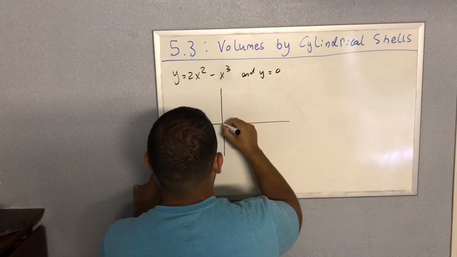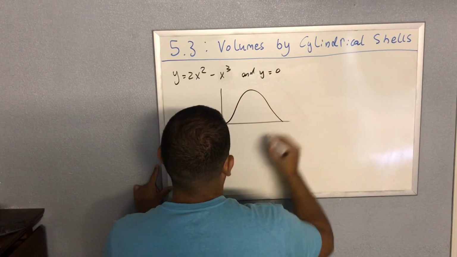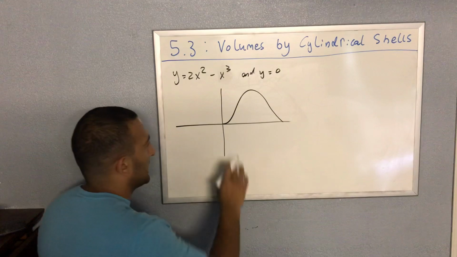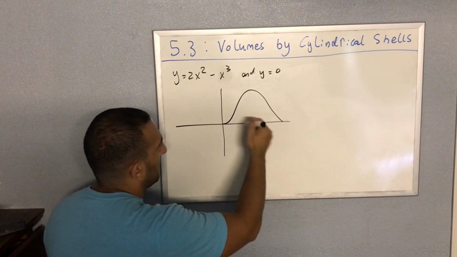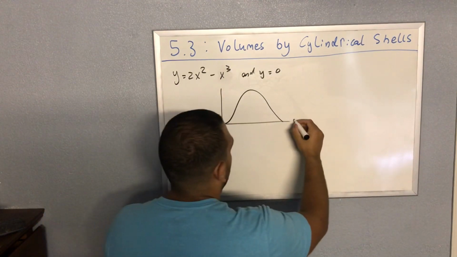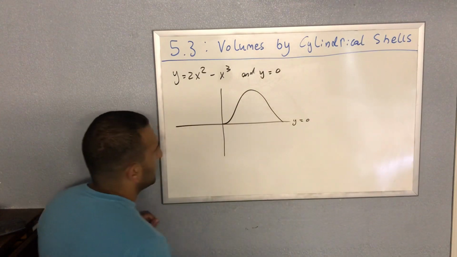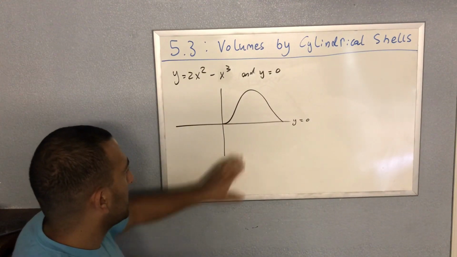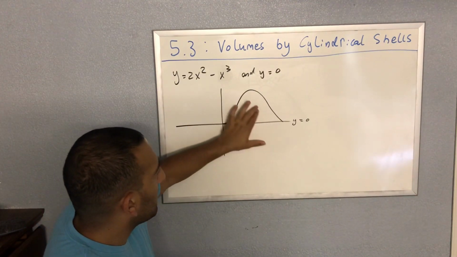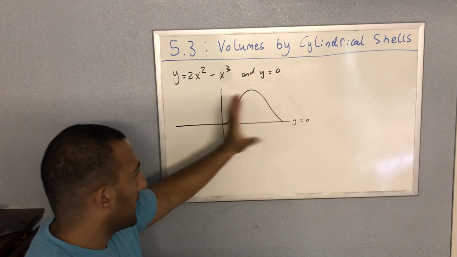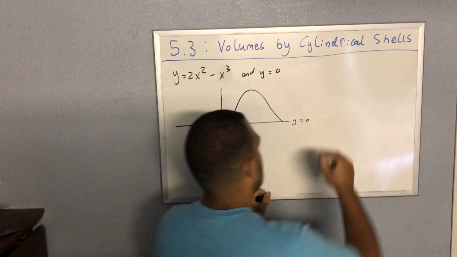It looks like this guy. This is roughly what we have. This curve will go down here, but we stop it because y equals 0 is the x-axis basically. So we're taking this little hill looking thing and we're going to rotate this about the y-axis.